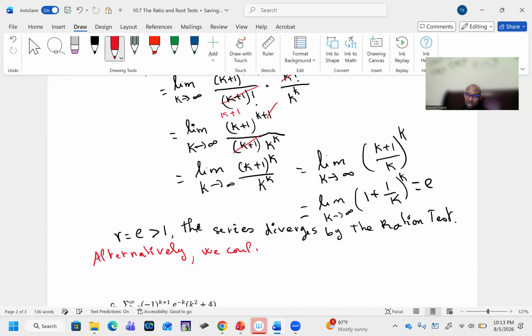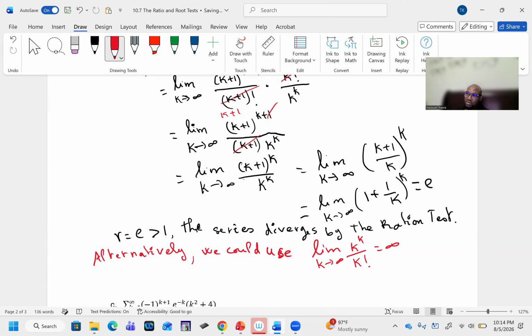We could take the limit of k to the power of k divided by k factorial as k approaches infinity, which is infinity, right?